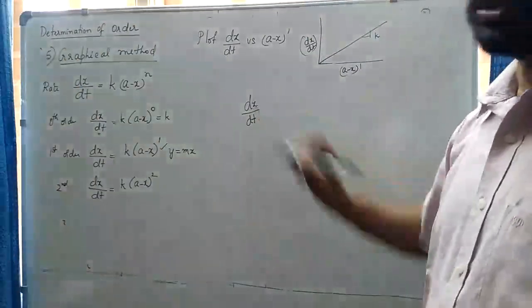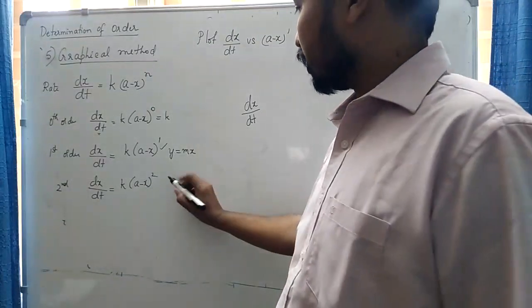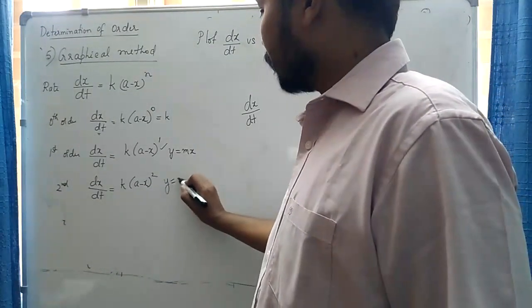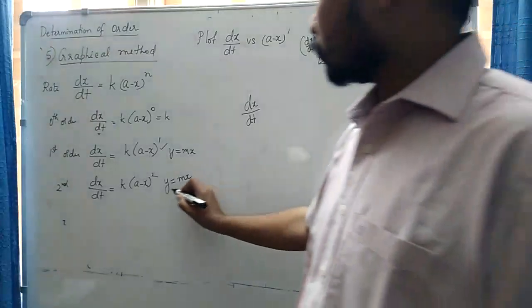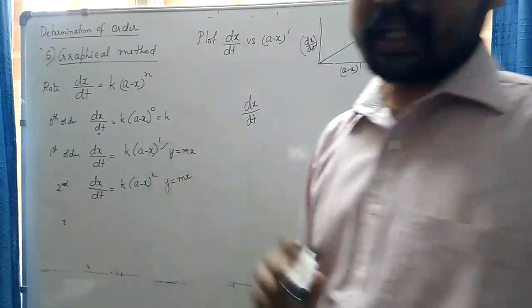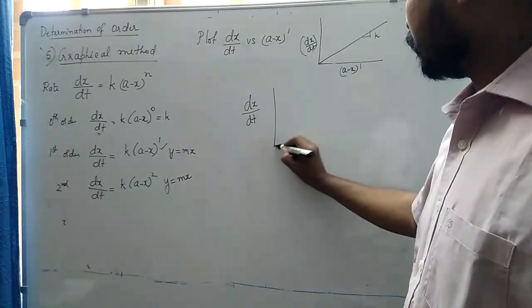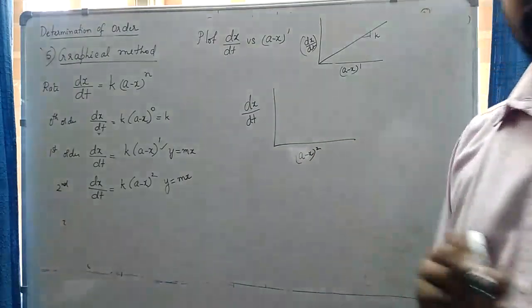Already you have this data dx by dt. Now let us look at the second order equation. The second order equation is also of the form y is equal to mx plus c, but c is equal to 0. So y here is dx by dt, and x is (a minus x) square. So we have to plot a graph of dx by dt versus (a minus x) square.